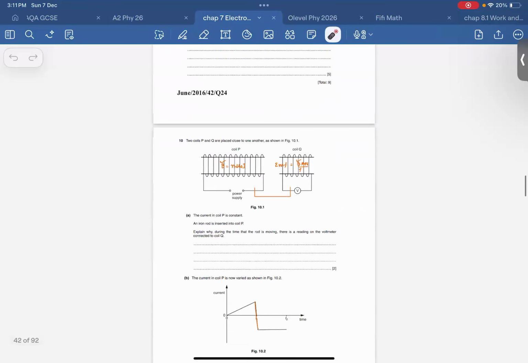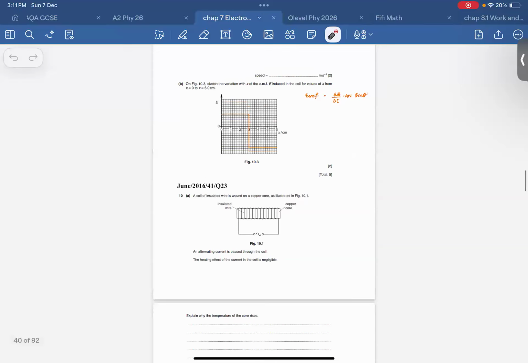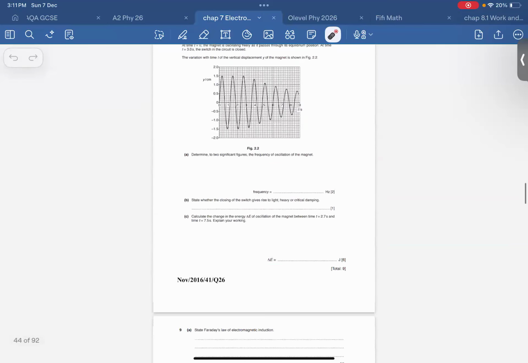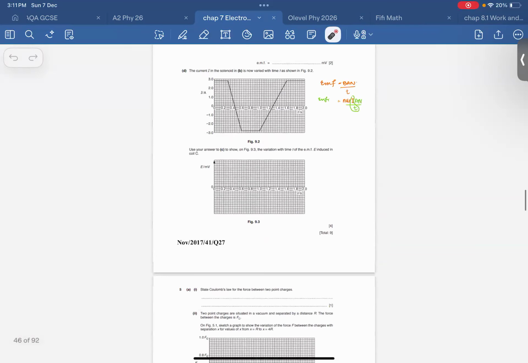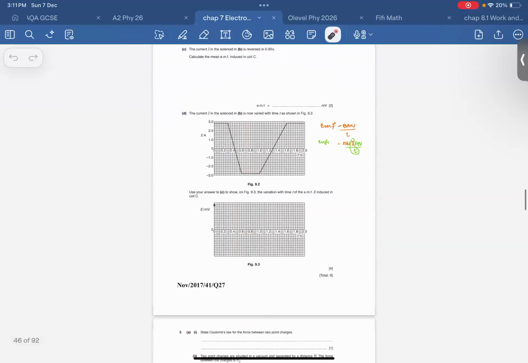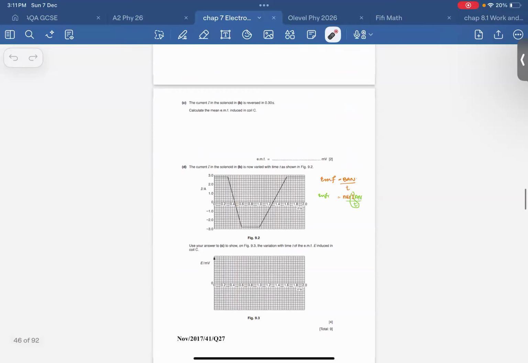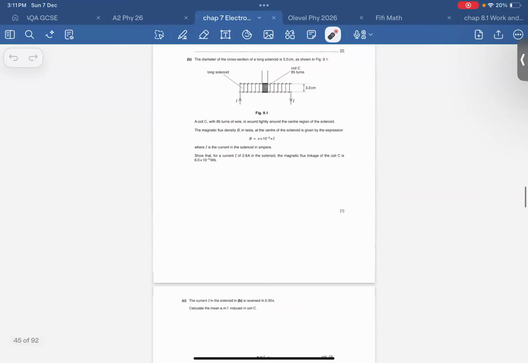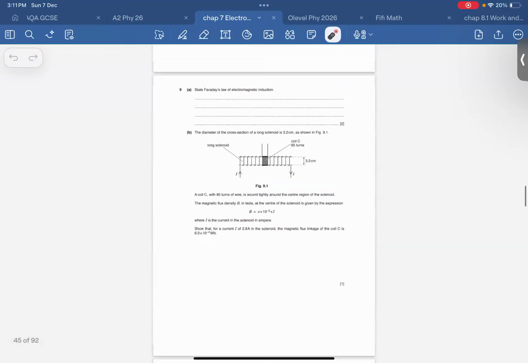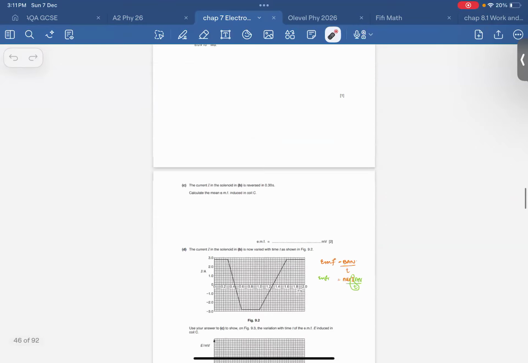We have done some of the graphs in the class as well, so let's try some more questions on the graph. Okay, let's try this one.